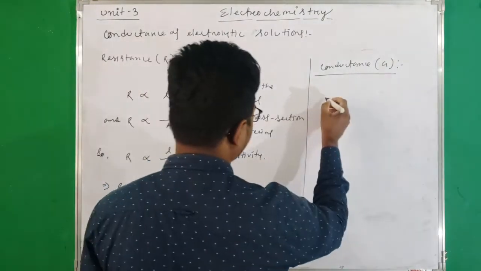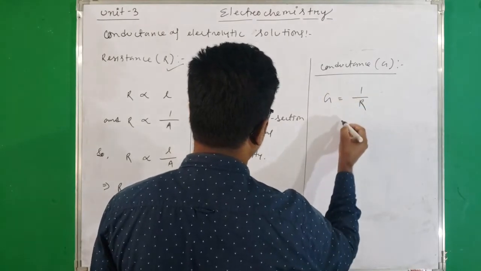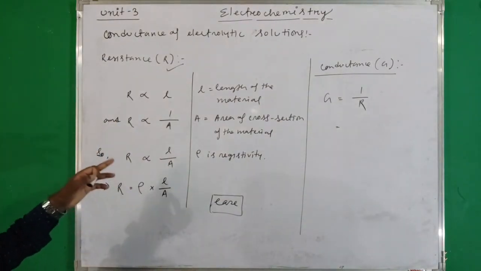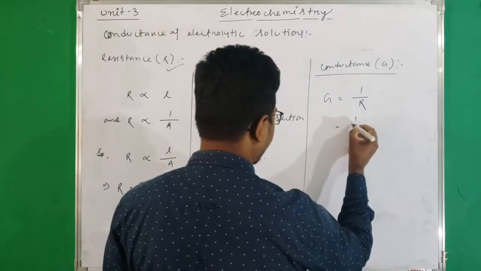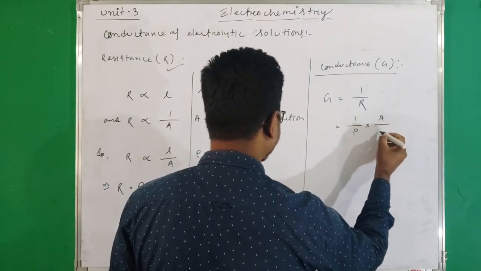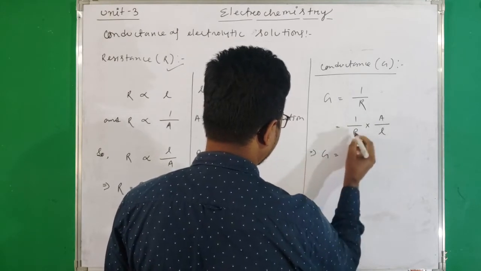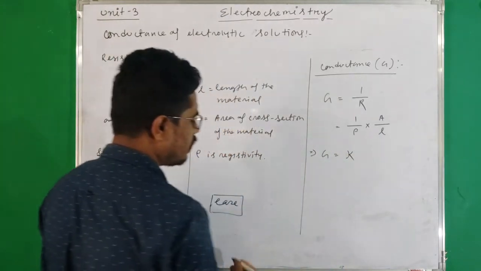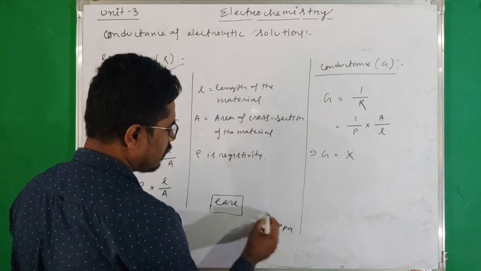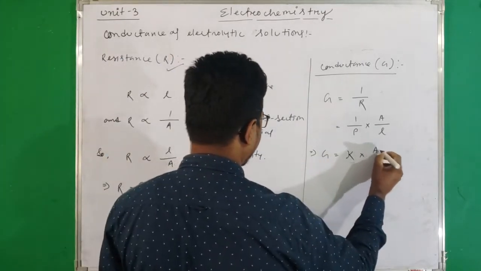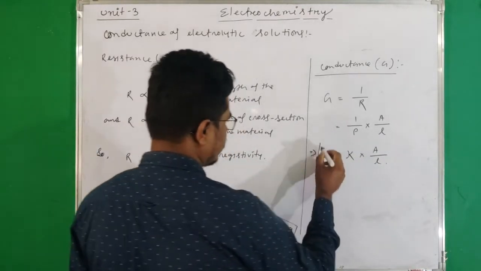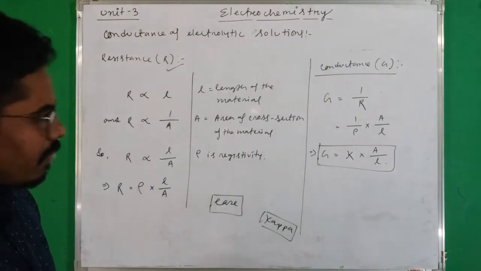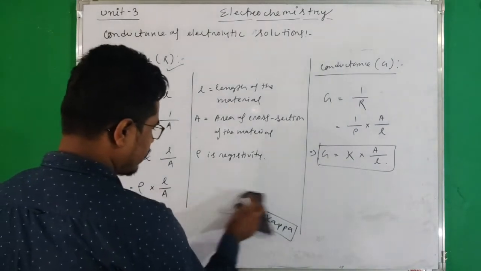Conductance G equal to 1 by R, so when we invert the resistance, the result is 1 by rho into A by L. This implies G equal to 1 by rho, which gives a new constant called kappa, and it is called conductivity, into A by L. So this is the equation to determine the conductance of any material or of an electrolytic solution.